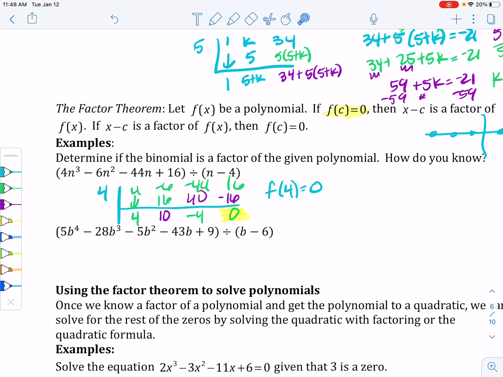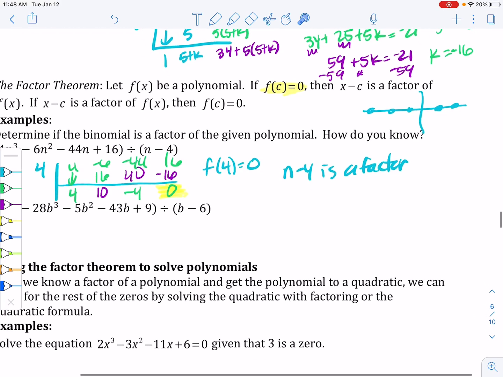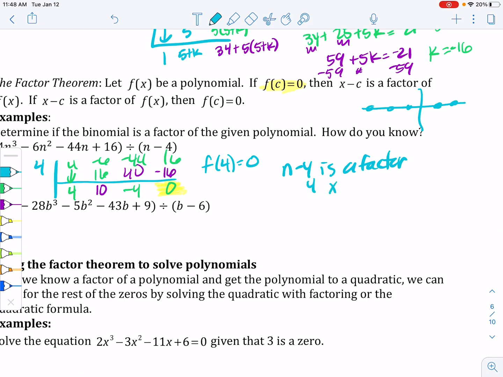So then we know that n, because that's our variable this time, minus 4 is a factor. So this thing that we synthetically divided by is a factor, which also means that 4 is an x-intercept or our root or solution or 0.